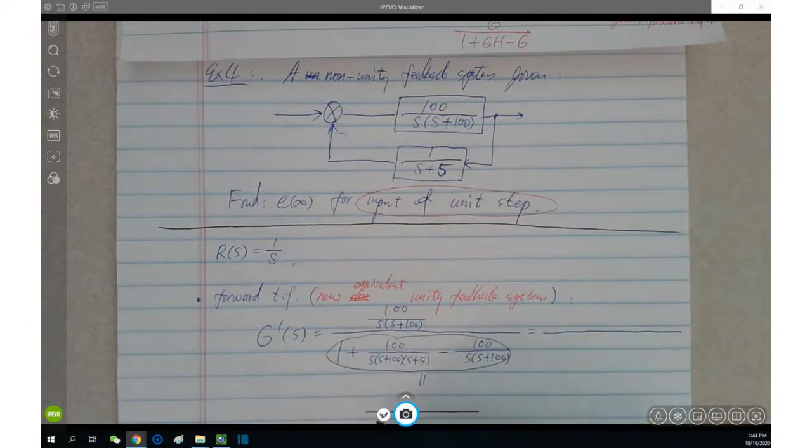You give a common denominator, which is this guy, right? And then the numerator is repeating this guy, which is from 1 plus 100 minus 100 times what? s plus 5. Right? This is how you got the denominator.